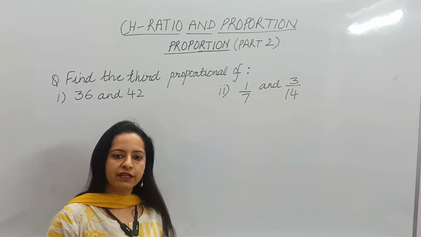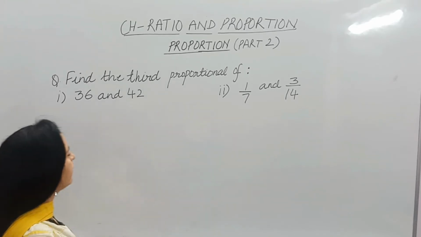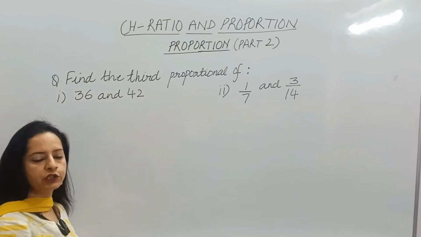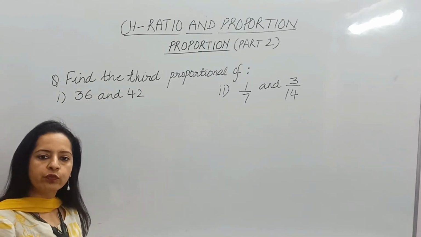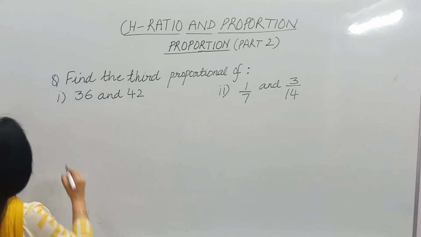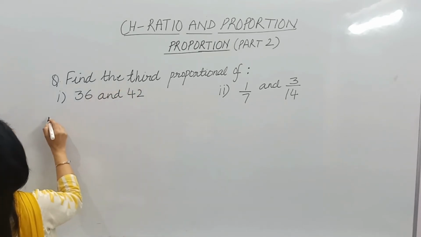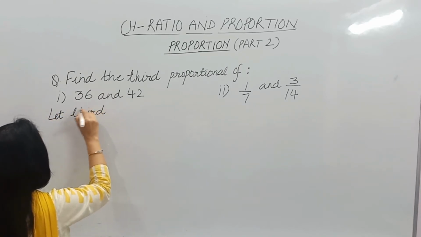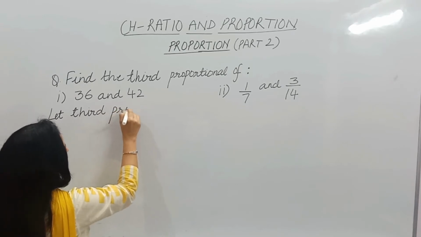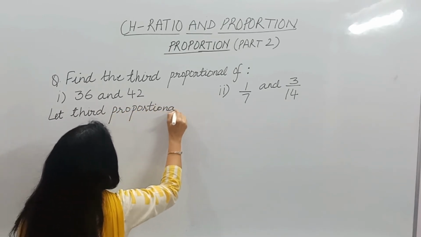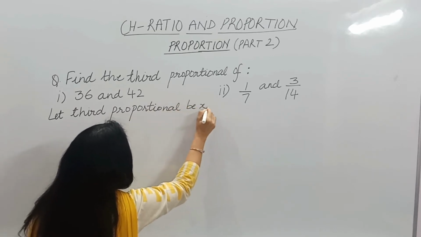I have here my next question, which says find the third proportional of 36 and 42. This question also we will do with the formula and without using the formula. Since we need to find the third proportional, let the third proportional be x.